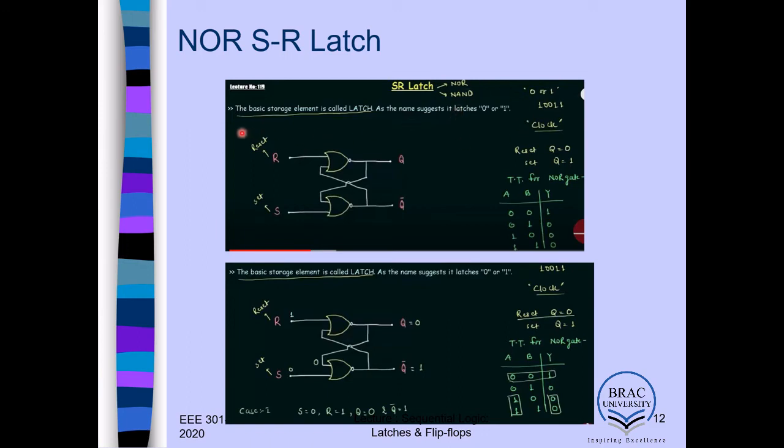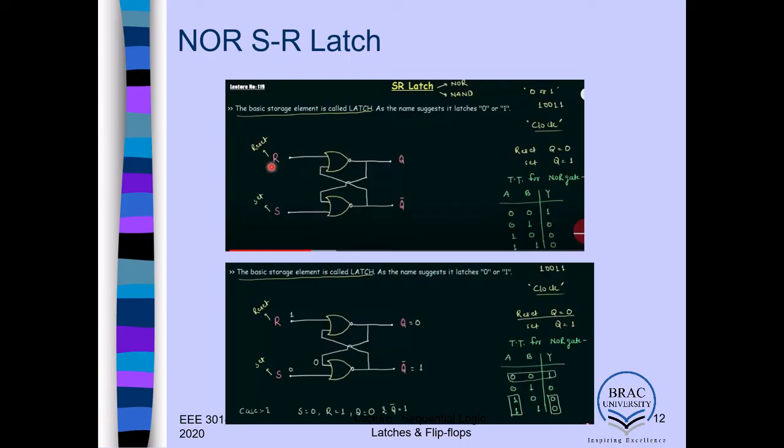The basic function of a latch is a storage element which stores either 0 or 1. Just look here. This is your NOR gate, therefore it's called NOR latch.